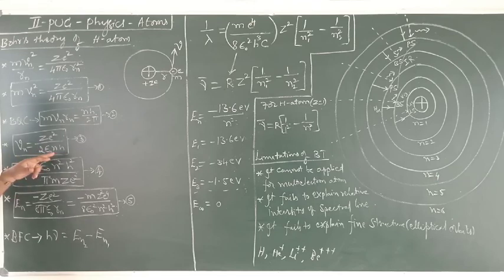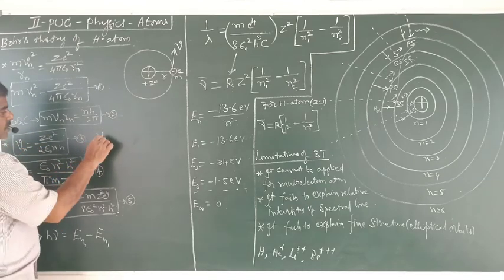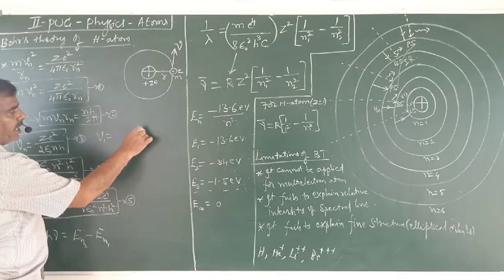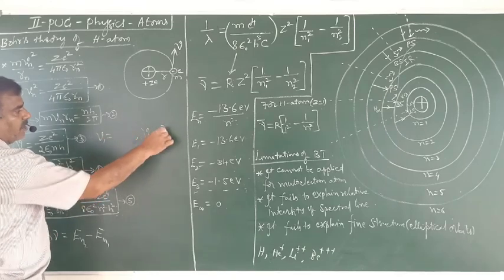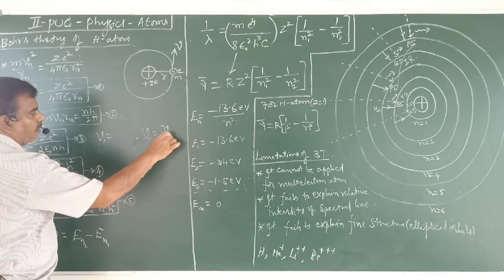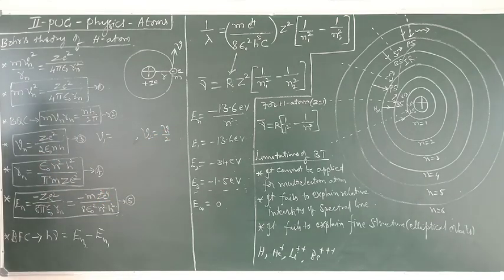Take those values from your logbook, substitute them and find the velocity of the electron in the first orbit. Similarly, find the velocity of the electron in the second orbit and third orbit. So all of you calculate and submit as an assignment.